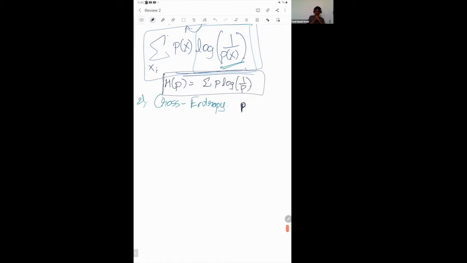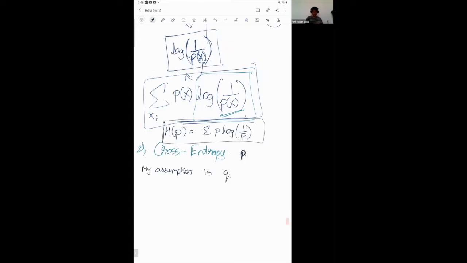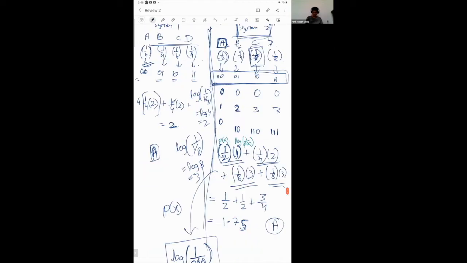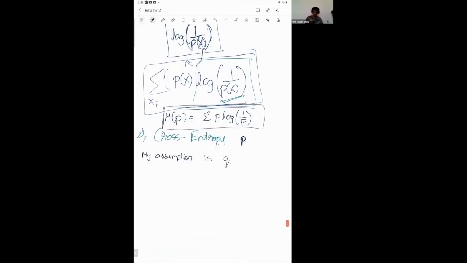So what we would do is assume some distribution, and let's say my assumption is Q. Now, because I'm not given this information P beforehand, the way I am encoding my bits is using Q, assuming that I have a distribution Q. So I would encode each bit according to log of 1/Q.